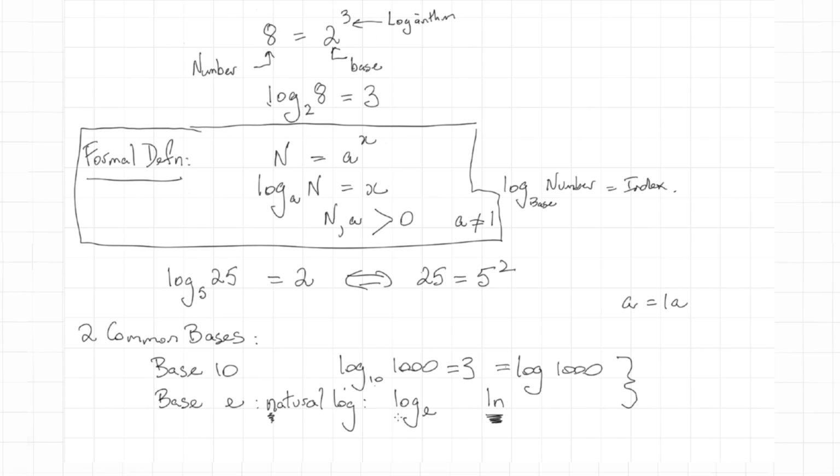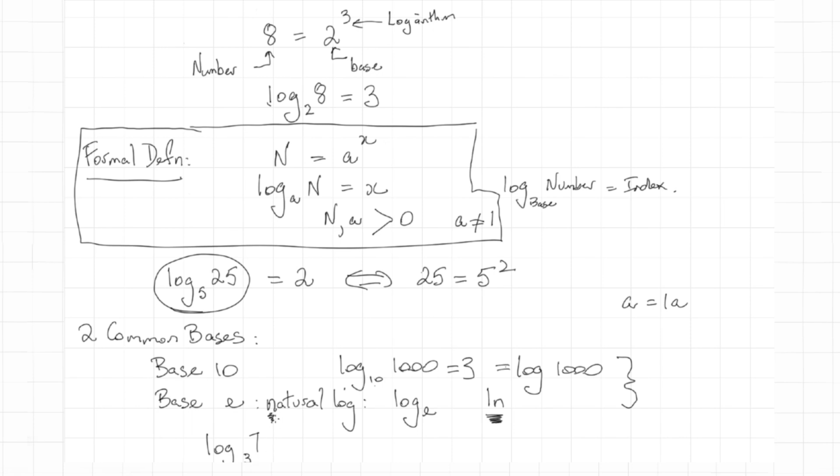I said you could have log to any base. Up here we've got log 25 to base 5. Indeed you can. And it's possible to work out something like log of 7 to base 3. It is possible to work that out. What is the power you must raise 3 to get the number 7?